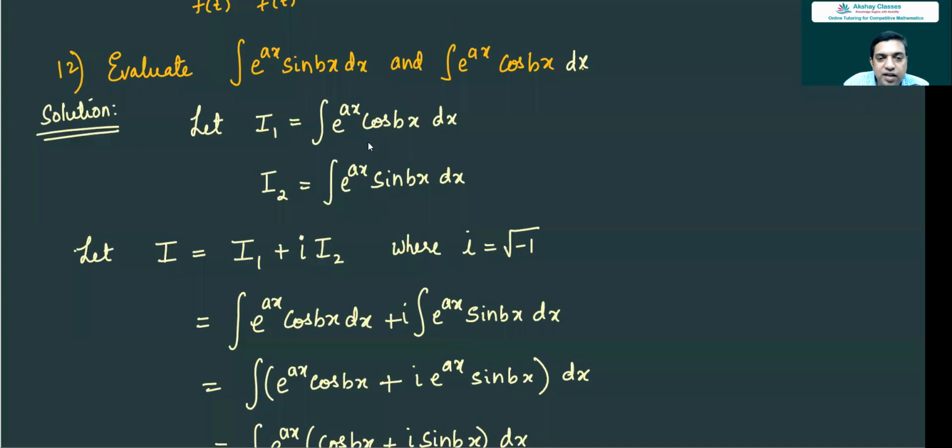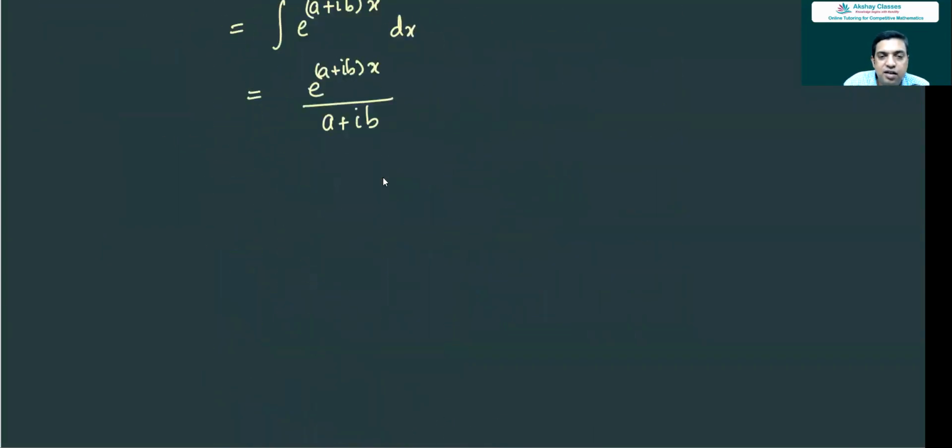And in one go, you can get both the integrals. Now it's a matter of complex simplification, simplification of the complex numbers. So the numerator is e power ax into e power ibx, and in the denominator we multiply and divide by the complex conjugate.